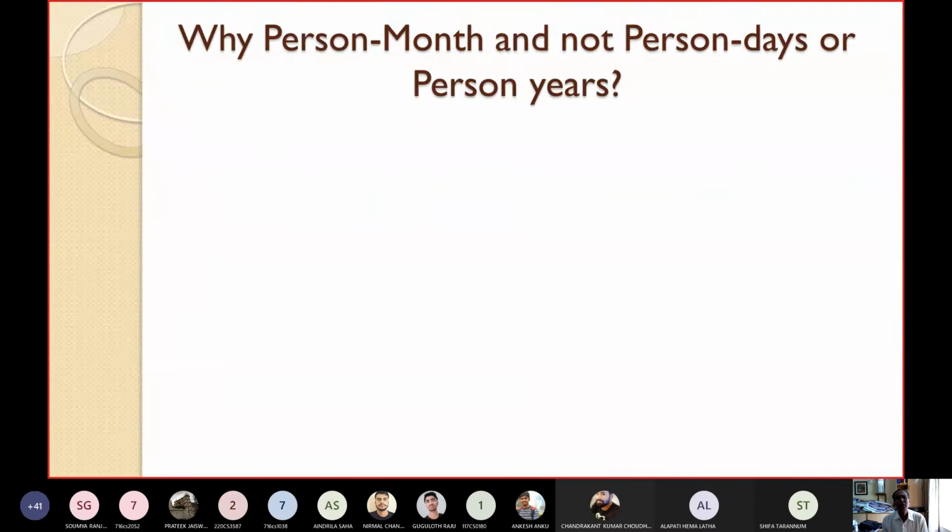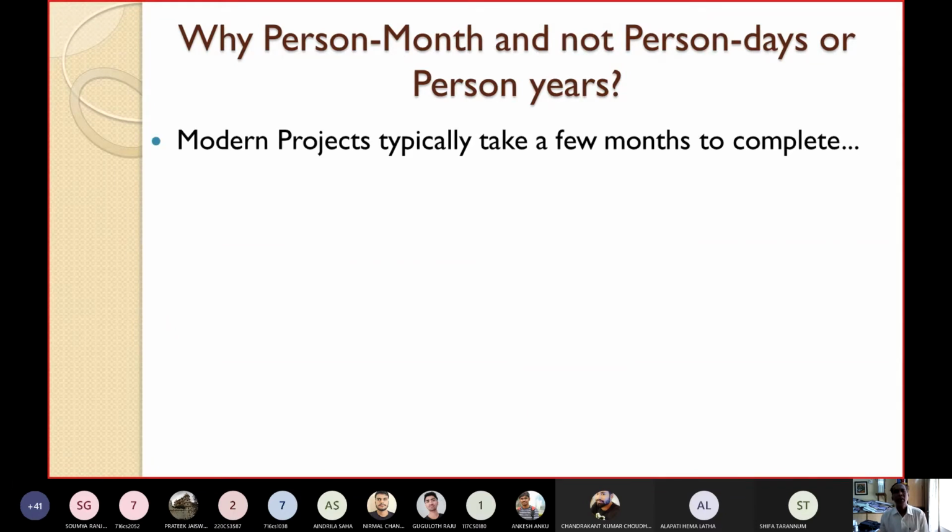Then why are we considering person months? Why not person days or person years? What's the reason? Because modern projects typically take a few months to complete, isn't it? But if you take person year, it is clearly unsuitable to represent this effort.